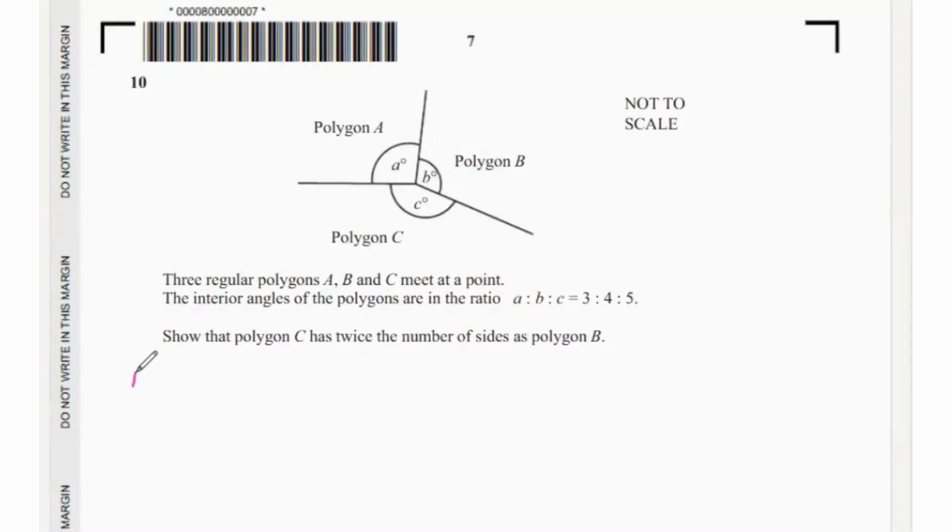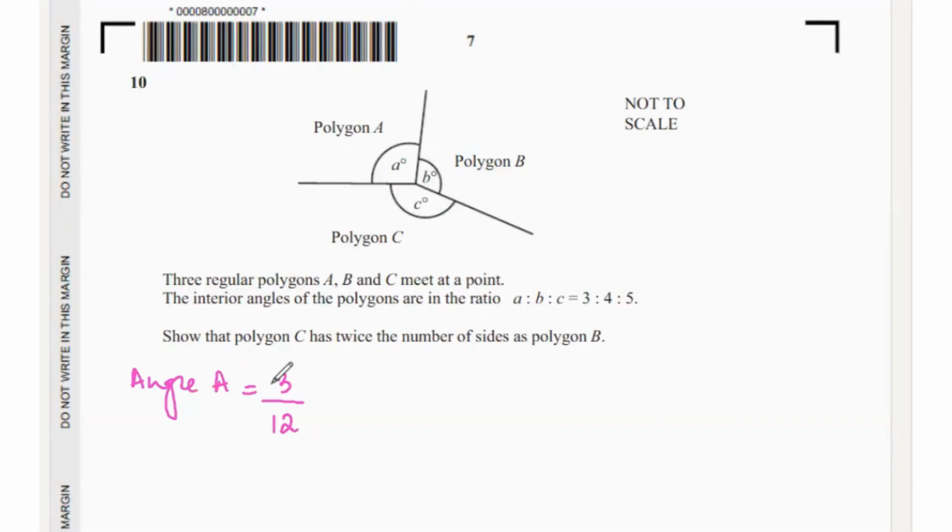So for angle A, that would be 3 over 3 plus 4 plus 5, which is basically 12. Remember, when we're dealing with ratios and trying to find the value for something, first you create the fraction for the ratio and for the quantity that we're talking about. For angle A, the fraction will have 3 in the numerator because that's the value representing A in the ratio, and the denominator is going to be the sum of all the values in the ratio.